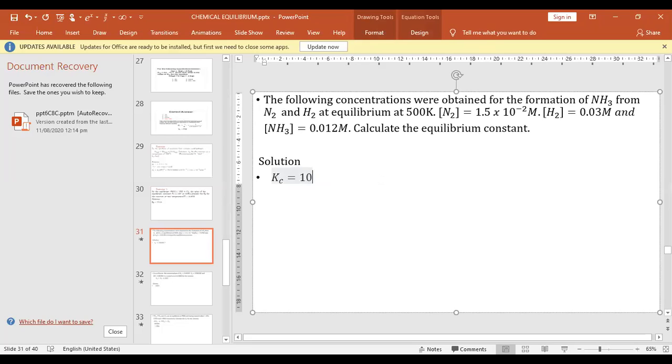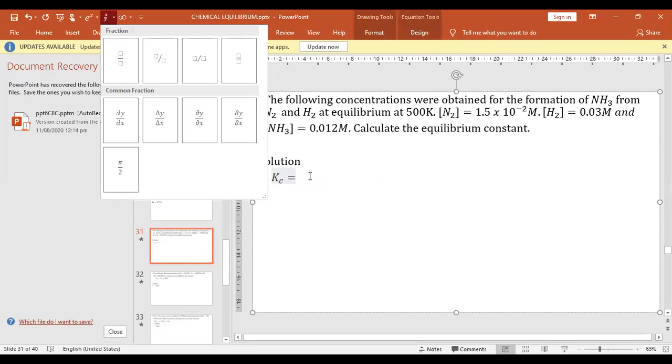So Kc should be equal to, but before we do that, let's write a balanced chemical equation.